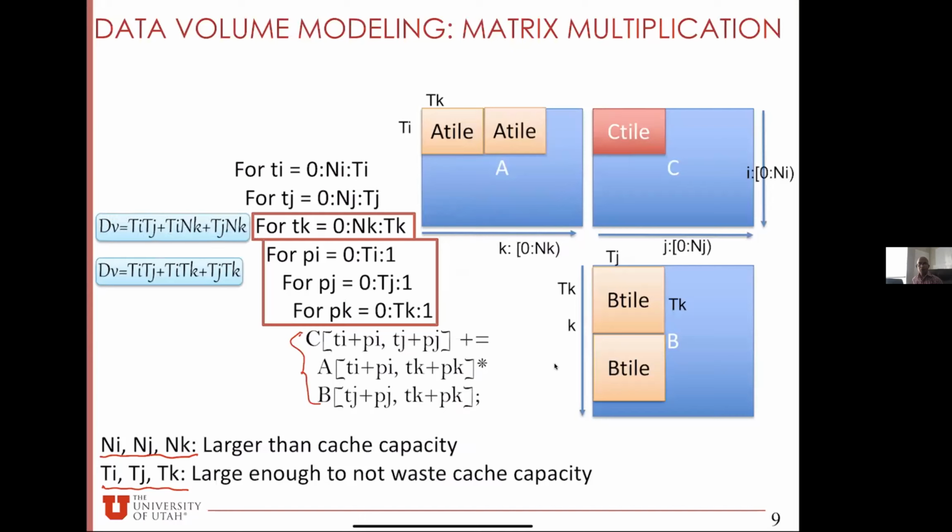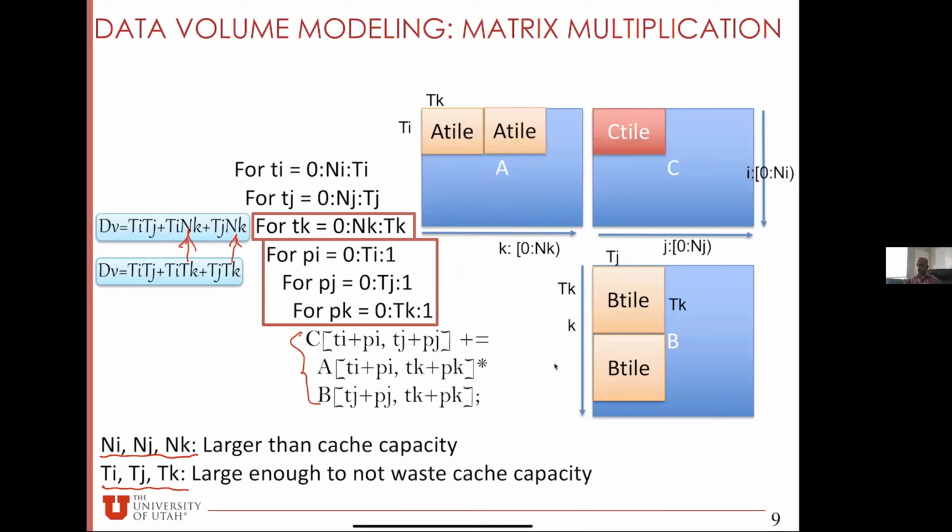So what we can do is to simply compute the total volume for data movement for all iterations of Tk by simply translating: wherever we have Tk in the expression at the lower level, that has extended out to Nk, because we step through in steps of Tk for the whole problem extent Nk.